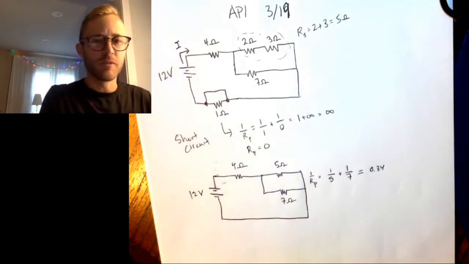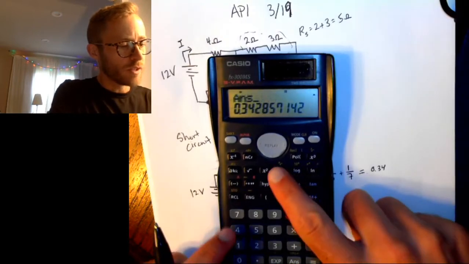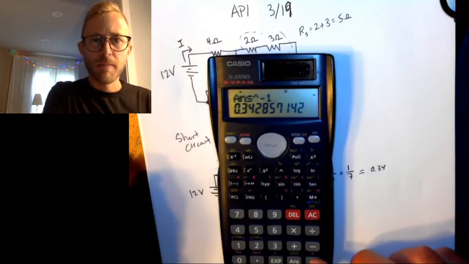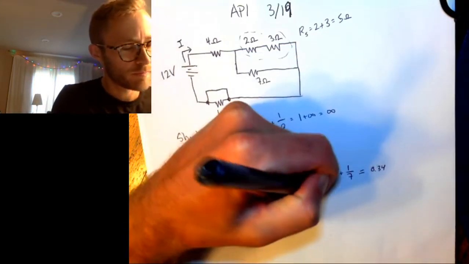Then I have to invert that, so answer to the negative 1 power, 2.9 ohms.